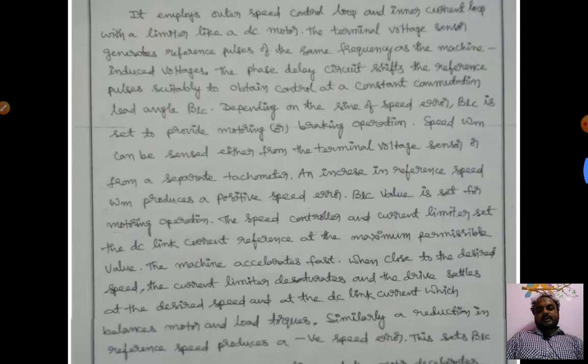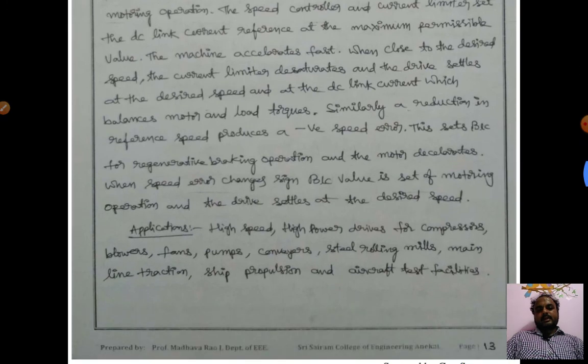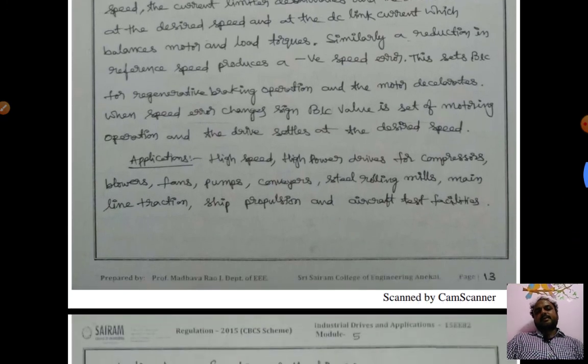Using the pulse delay circuit we can control the speed, and here we have two types of speeds, positive speed and negative speed, based on the motor deceleration. Applications of this drive are high speed high power drives for compressors, blowers, fans, pumps, conveyors, steel rolling mills, main line traction, ship propulsion and aircraft test facilities.